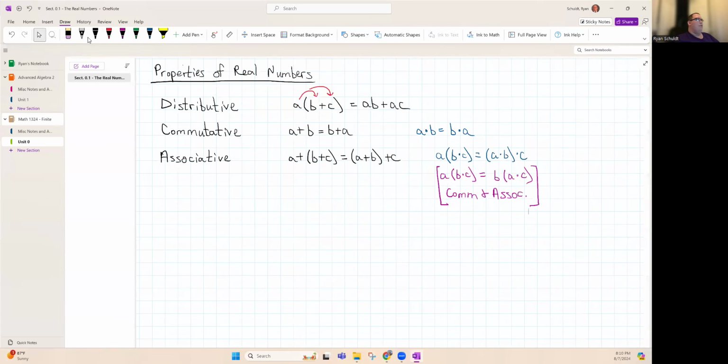Okay, let's look at some more properties. We've got two more left. As far as properties go, you got the inverses. The inverse property says that A plus negative A is equal to 0. And then you have the identity property.